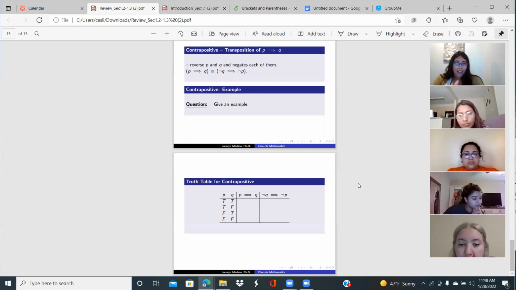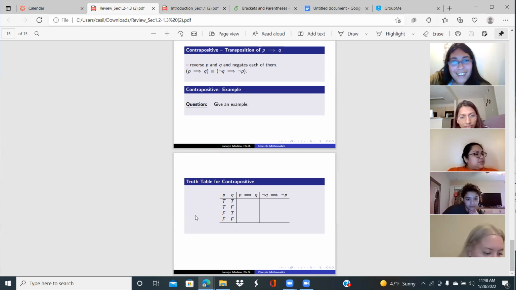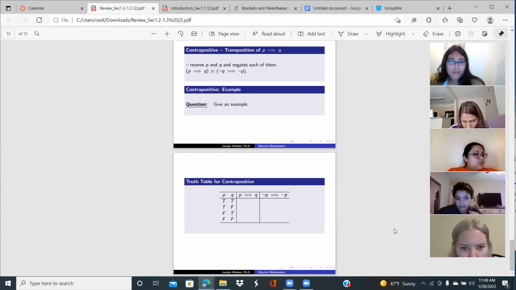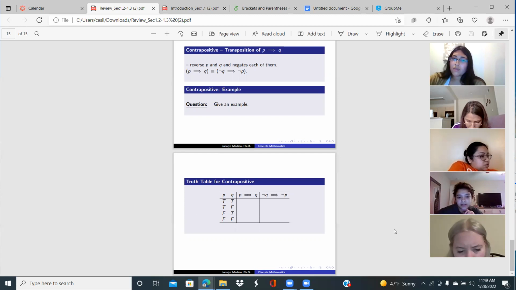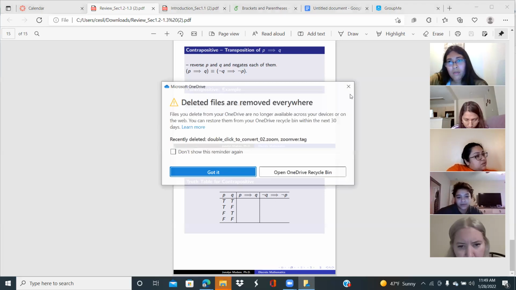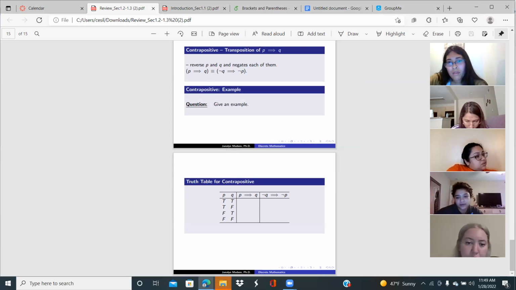Ooh, who wants to give out the last example? The contrapositives. Okay, in the book for true and true, the P then Q is true. For true false, it's false. For false true, it's true. And for false false, it's true. And then in the next column for not Q, then not P, it's true, then false and true, true.